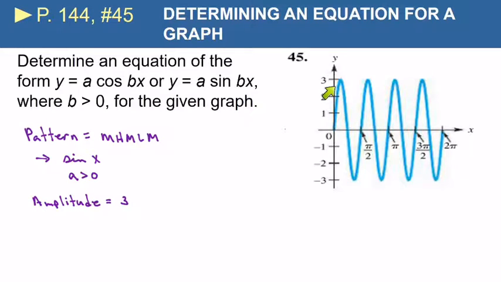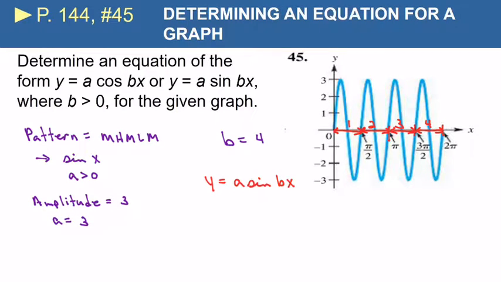Amplitude, you can see here, is 3, from 0 to 3. Okay, now let's count how many cycles we can see between 0 and 2 pi. So middle, high, middle, low, middle, that's one pattern. And then there's a second, and a third, and a fourth. So between 0 and 2 pi, it looks like we're getting 4 complete patterns, so b is 4.